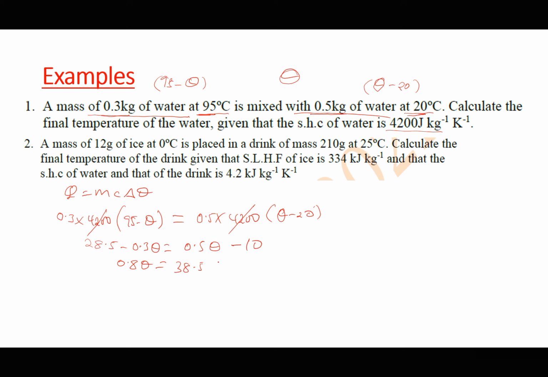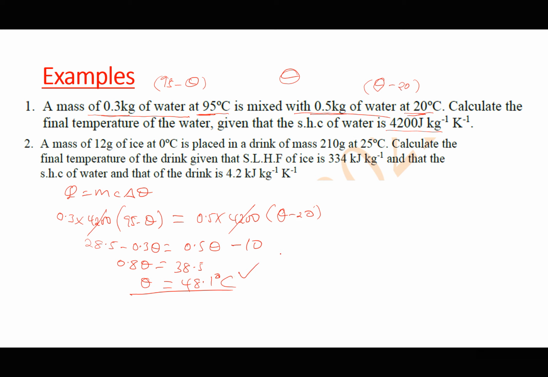So 38.5 divided by 0.8, and this is giving me theta as approximately 48.1 degrees Celsius. So that will be the temperature, and the temperature will always be in between the two values of temperature given. So this will be the final temperature.